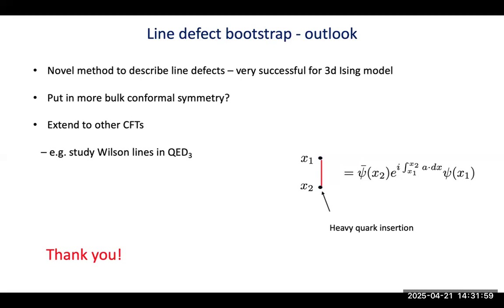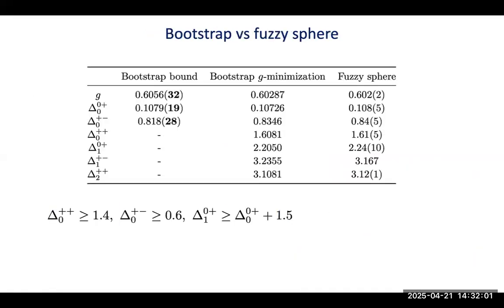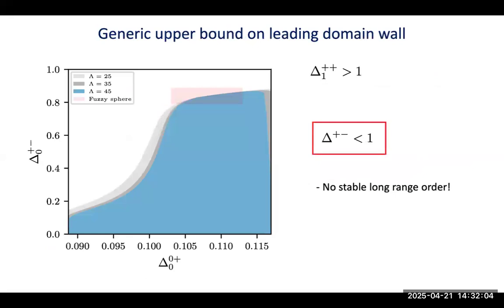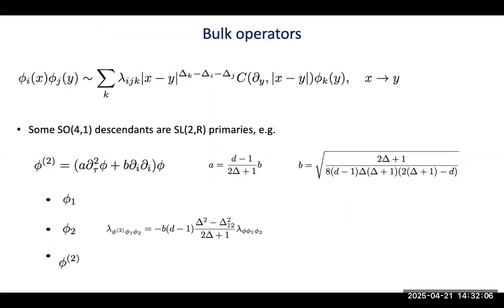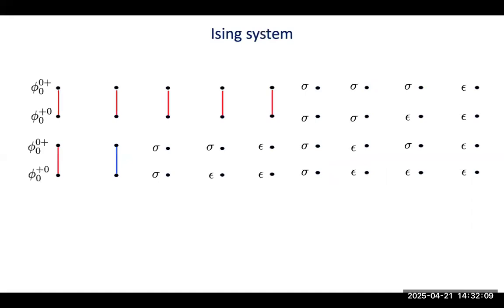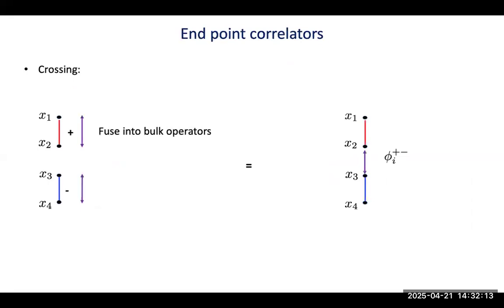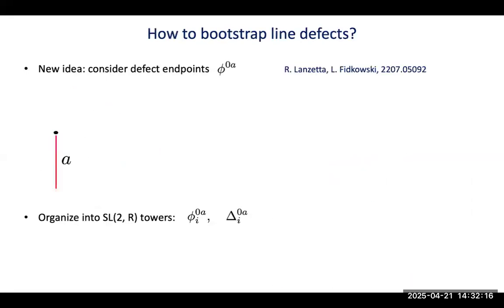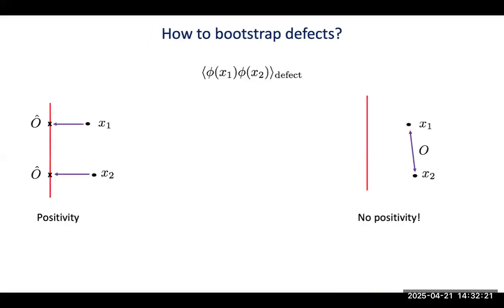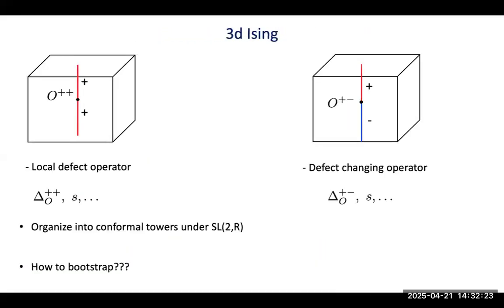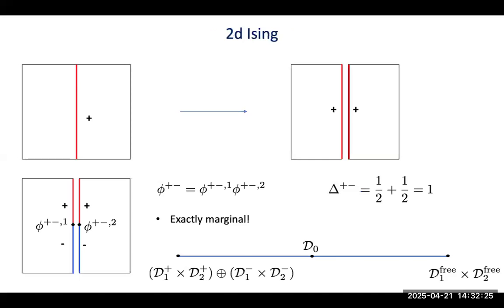Illustrated means specified. We've tried it explicitly for 2D Ising with an interface, to study the spin pinning field defect in 2D Ising, and we also get an island.